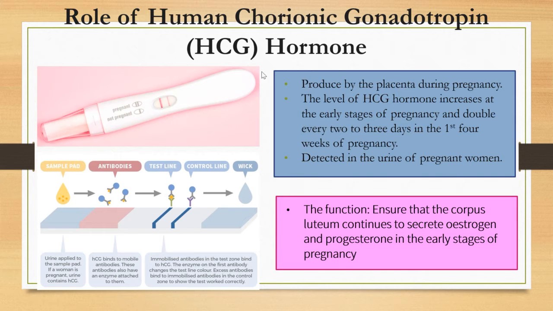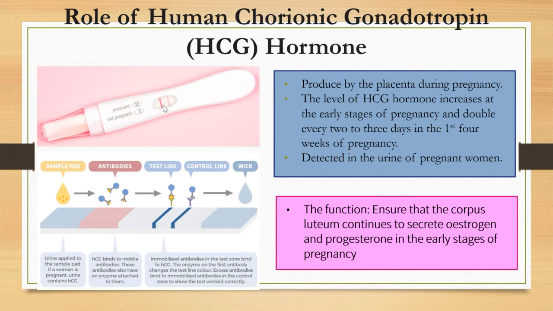This is a pregnancy test kit. This test kit is used to detect the presence of HCG, human chorionic gonadotrophin hormone. If there are 2 bars, it means that the woman is pregnant. If there is only one bar, the woman is not pregnant.